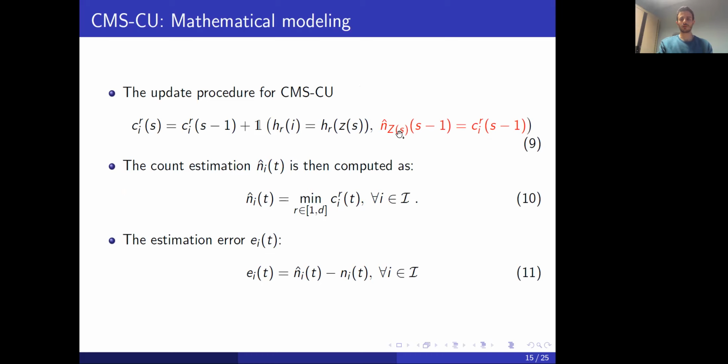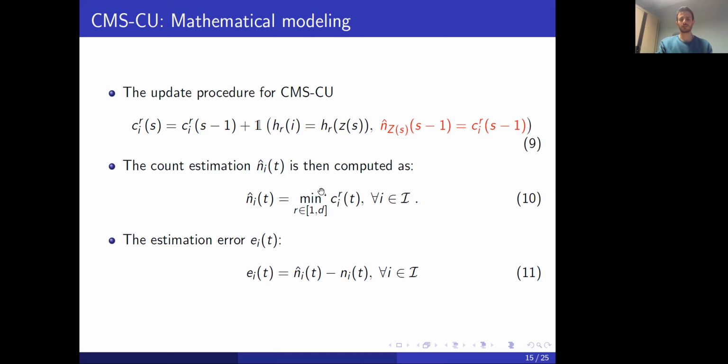For the mathematical model, looking at the counter associated with item I at row R, we can see an additional condition here in red. This means that even if another item shares a counter with you, its request will only increment your counter if this condition is also satisfied.